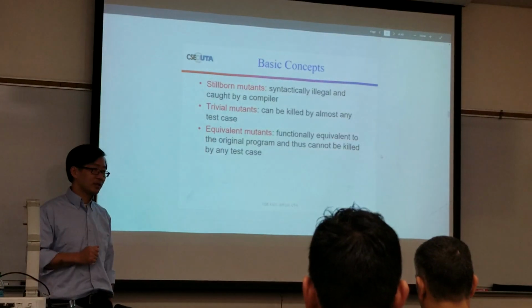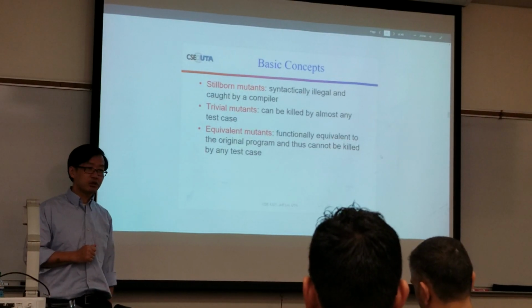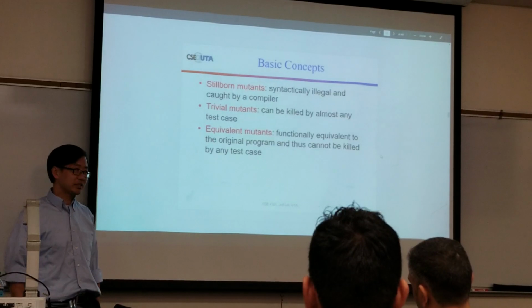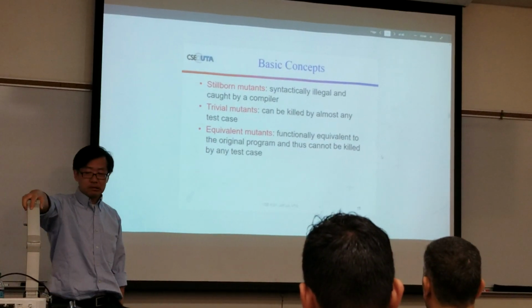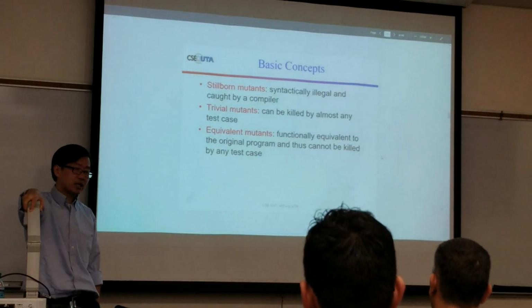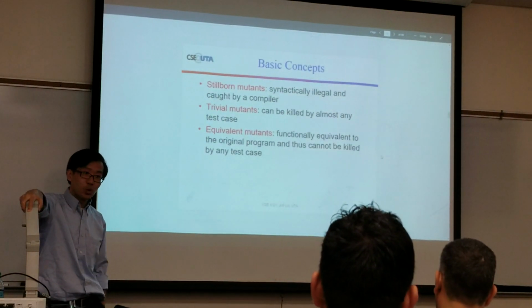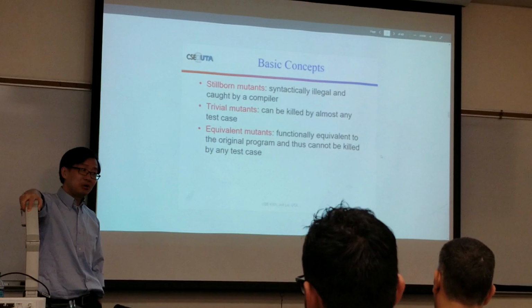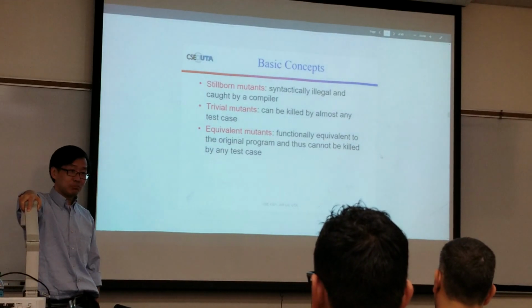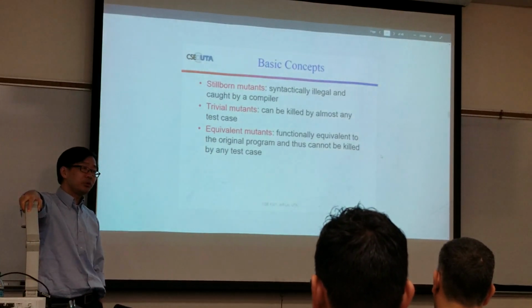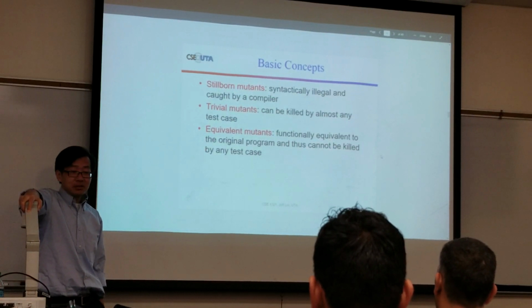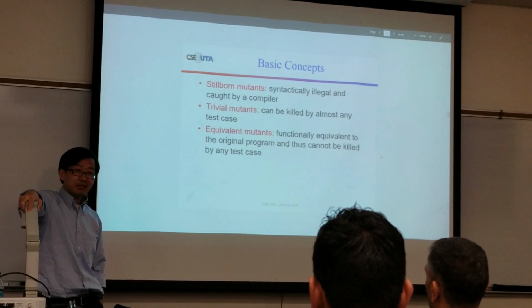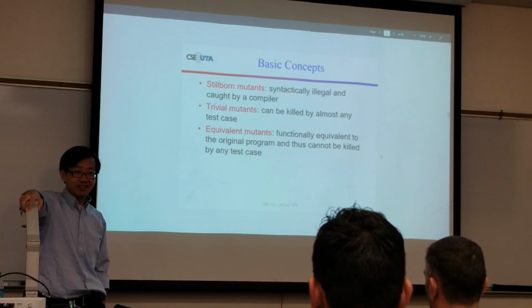That can be a technical problem we have to deal with in mutation testing, because if you recall, the effectiveness of the testing technique is measured by mutation score, right? How many mutants you could kill when you apply a testing technique. So when some mutants are not killed, it's not because the technique is not effective.